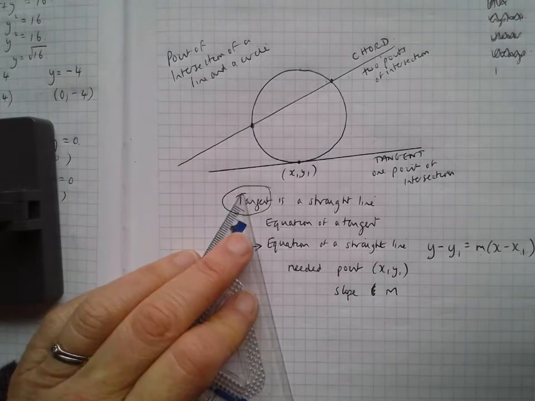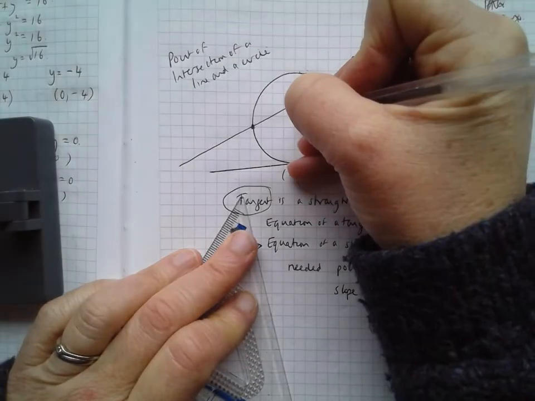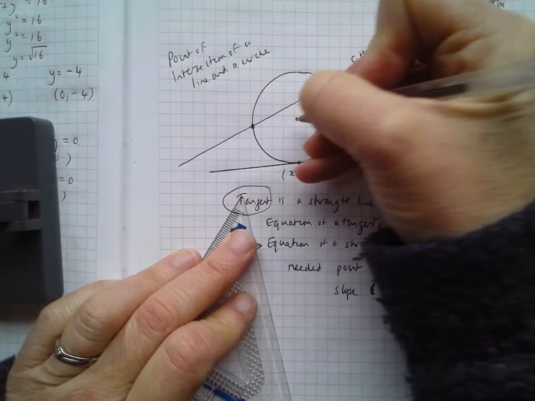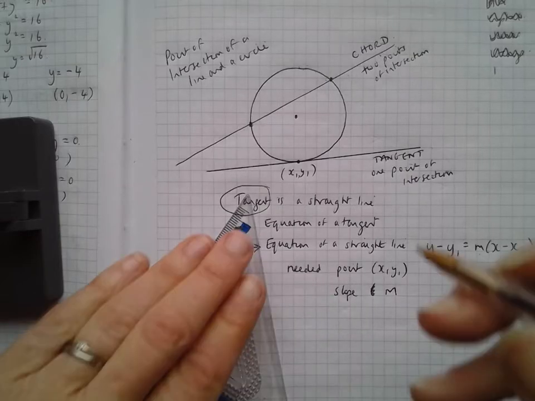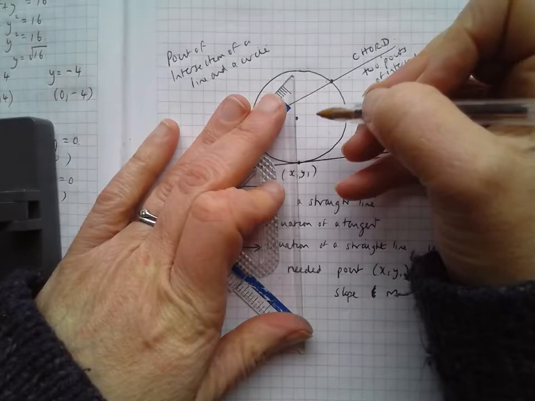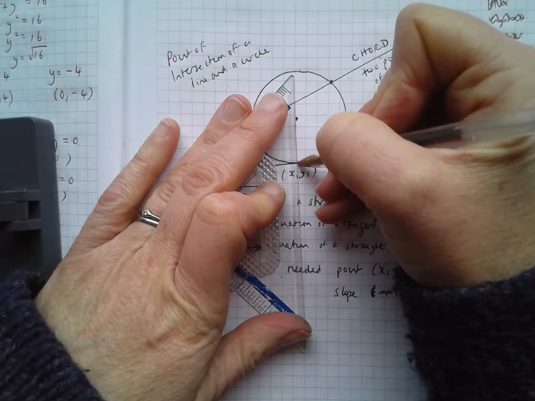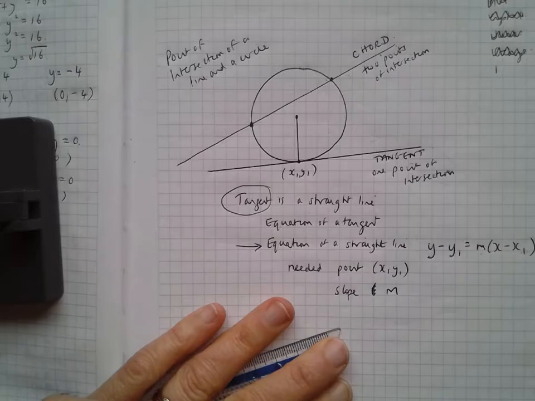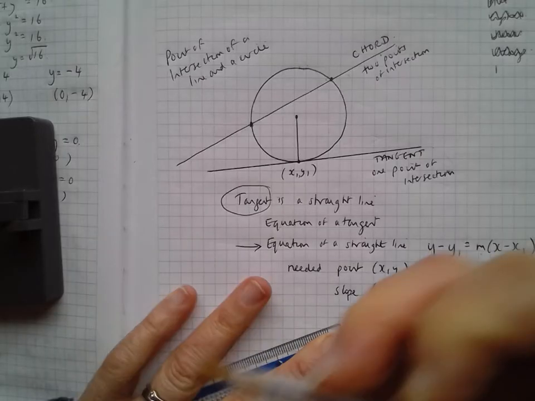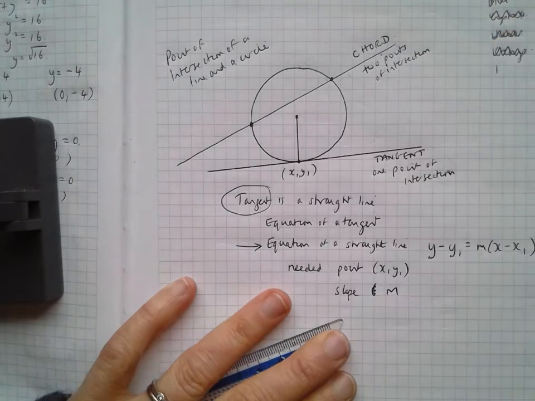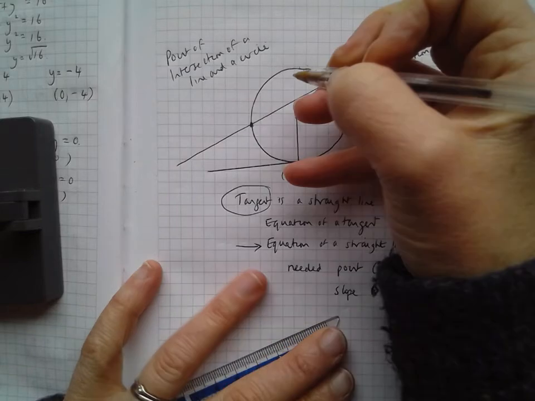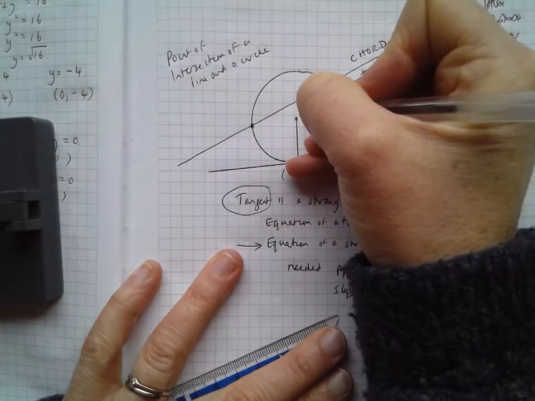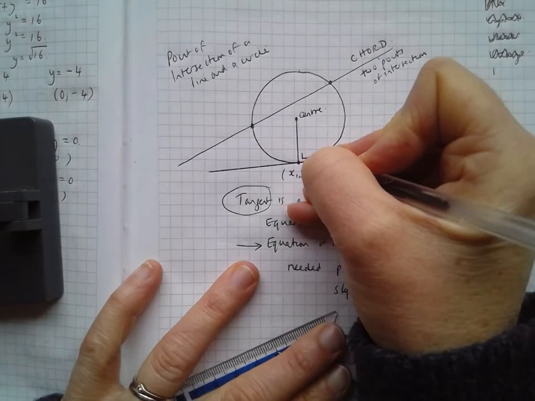But you might even remember from junior cert, a tangent to a circle: if we were to draw a line from where it cuts the circle to the center of the circle, that's a radius, isn't it? If we were to draw that line from the point of intersection to the center of the circle, we would find that it's at right angles to the tangent.